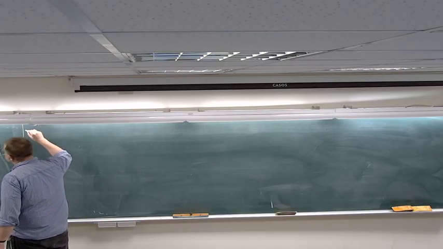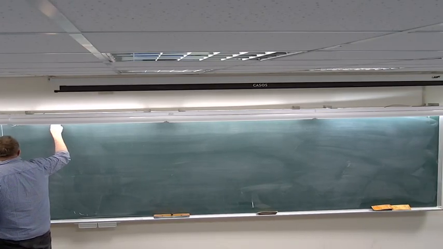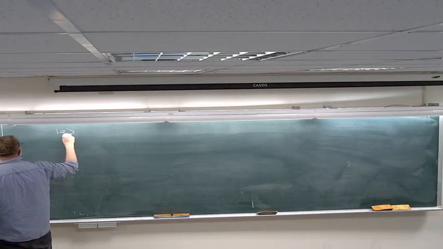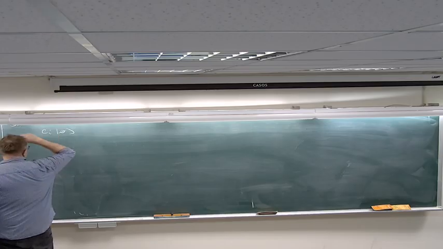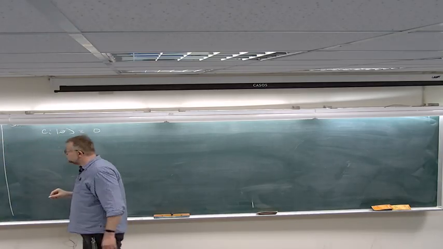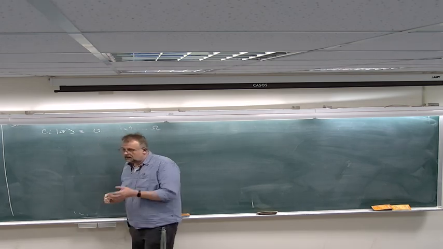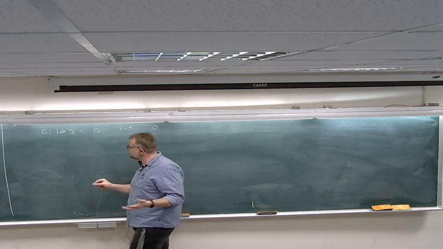Oh, I changed the order. So I can define the vacuum again as a state which is annihilated by all fermionic operators, for all i from 1 to omega.